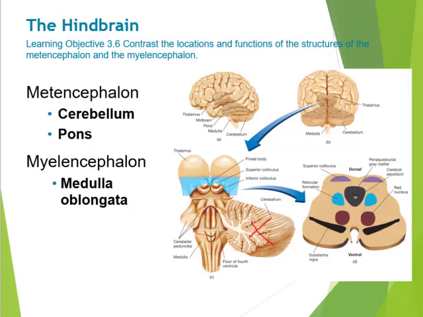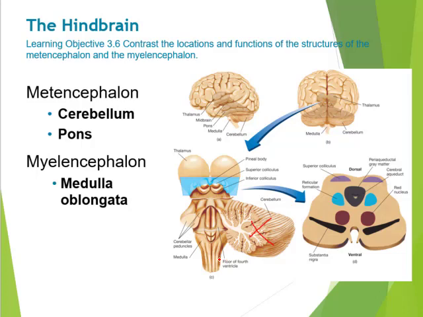It integrates this information and modifies the motor outflow, exerting a coordinating and smoothing effect on movements. So this little brain is basically very important for movement.